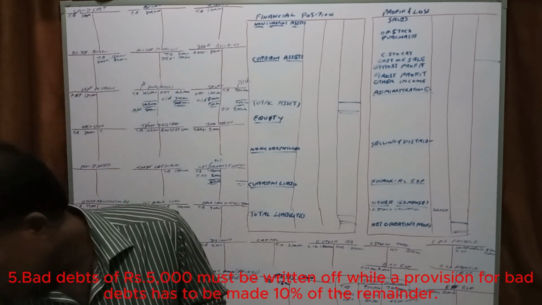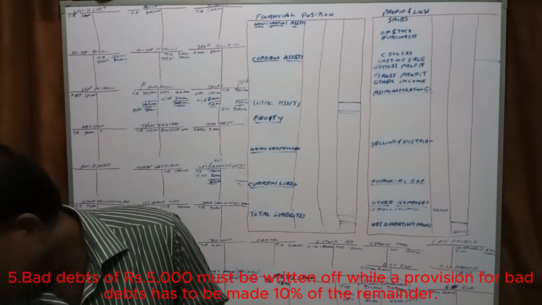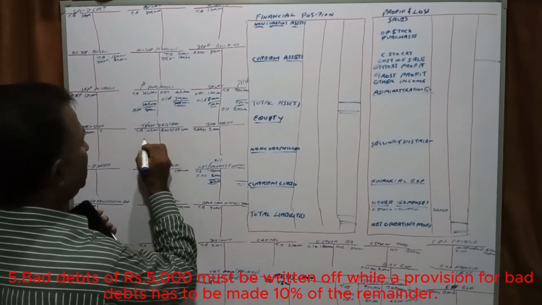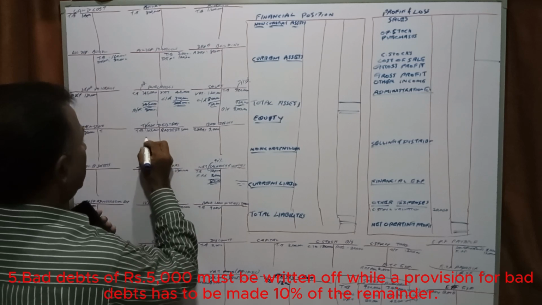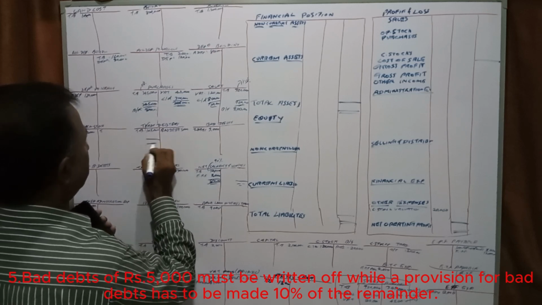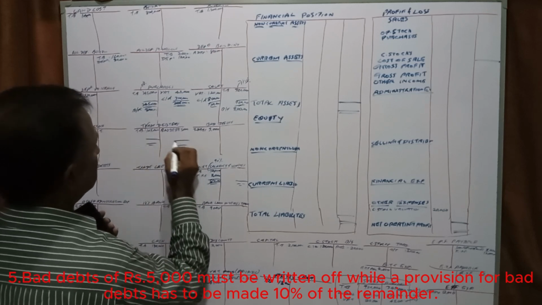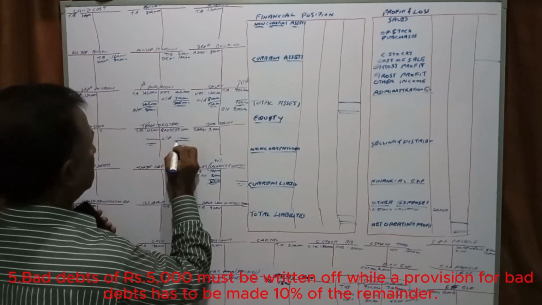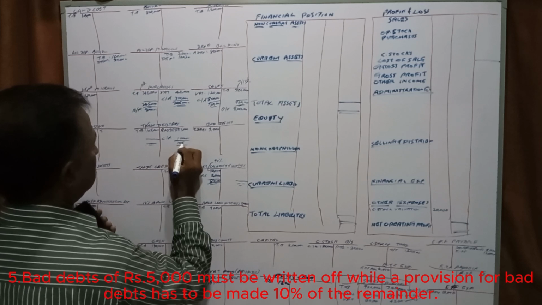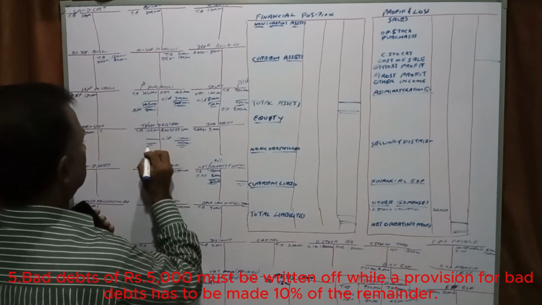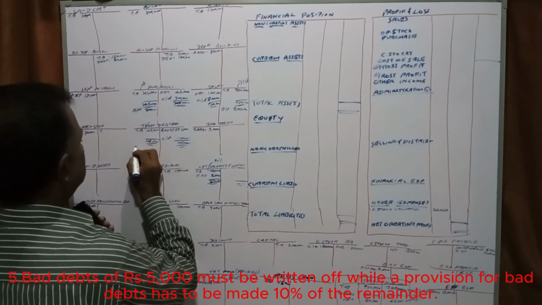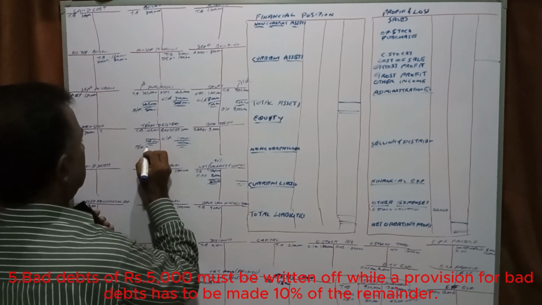And they say they have made a 10% provision on the remaining balance, so we had to balance it down. Remaining balance carried down 100,000, from 105,000, and brought forward 100,000.